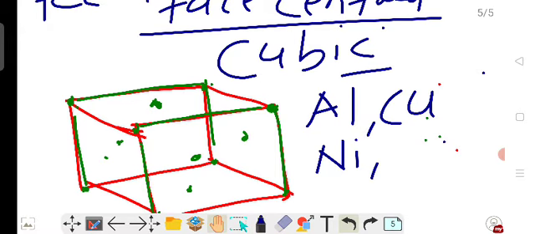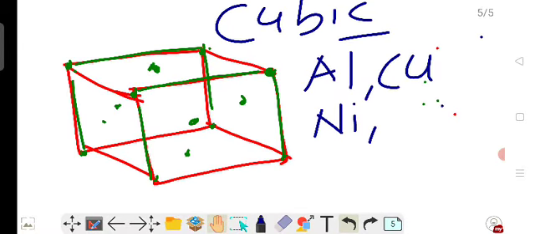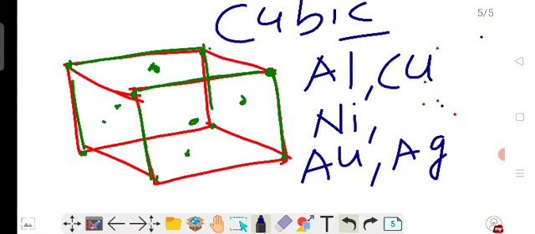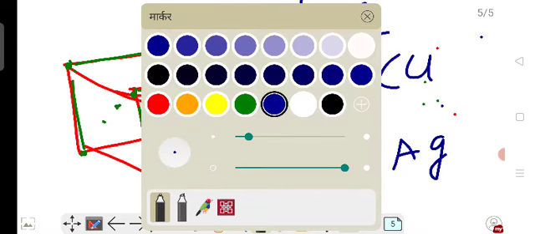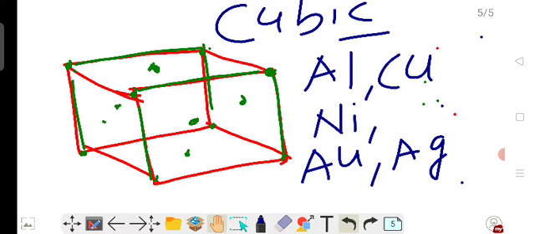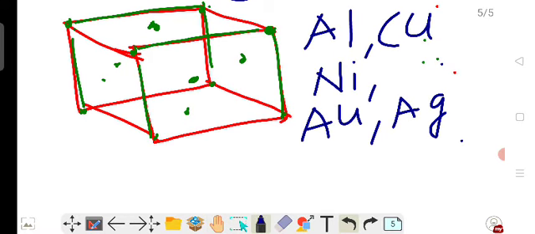Let me give other examples. Gold has FCC crystal structure, silver has FCC crystal structure, platinum has FCC crystal structure. All have the FCC crystal structure.